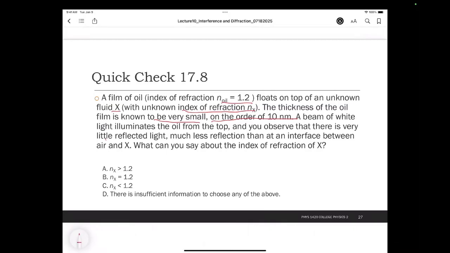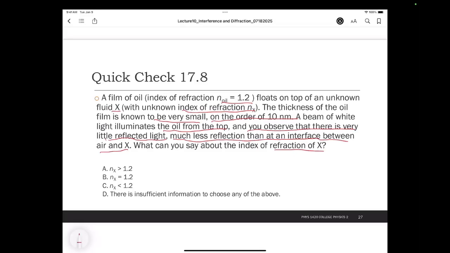A beam of white light illuminates the oil from the top, and you observe very little reflected light, much less reflection than at an interface between air and X. What can you say about the index of refraction of X?